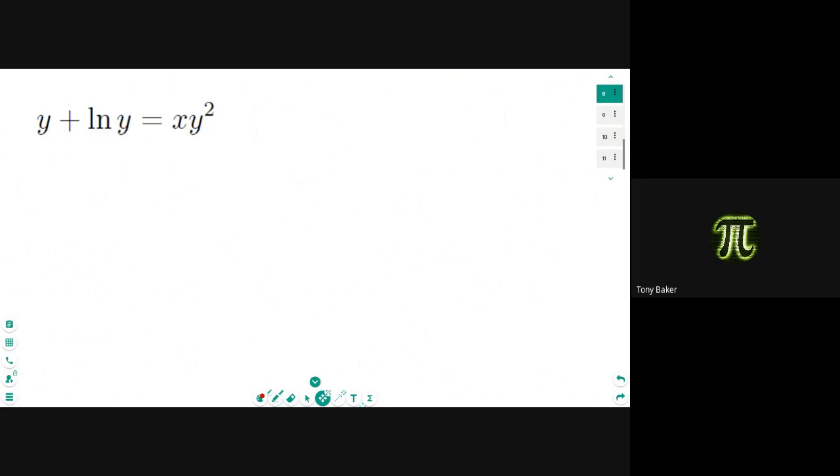Okay, so this side, the left side, it's the position. You do on the right side.